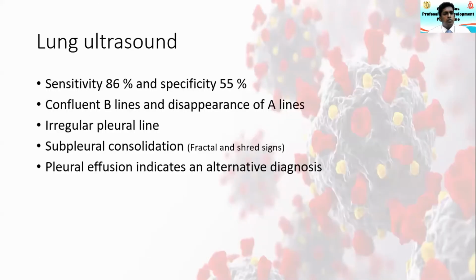People have used lung ultrasound, which has really good sensitivity but is not very specific, because these B lines and disappearance of A lines we have seen in many diseases, especially heart failure. Irregular pleural line and subpleural consolidation are the signs. If you see pleural fluid effusion in ultrasound, this suggests an alternative diagnosis.